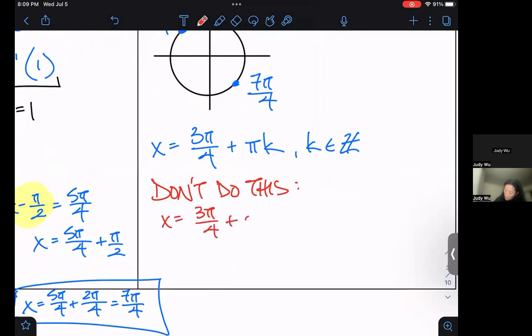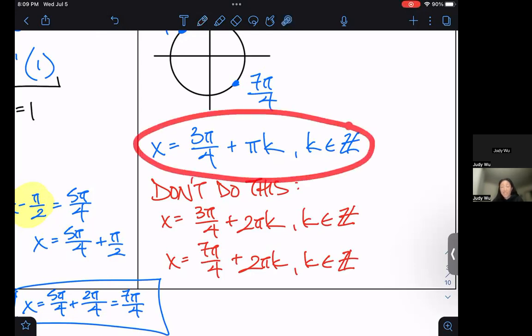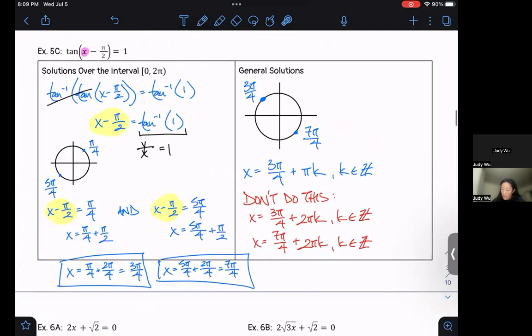Right? So don't write them as two separate ones like I'm doing in the red. Don't do that. Right? It is far more writing. And a lot of times when we check our answers with textbooks or other resources, it's already condensed. So I want us to make sure that we know we can condense them, right? And we can really only condense them when they are halfway around the unit circle from each other.